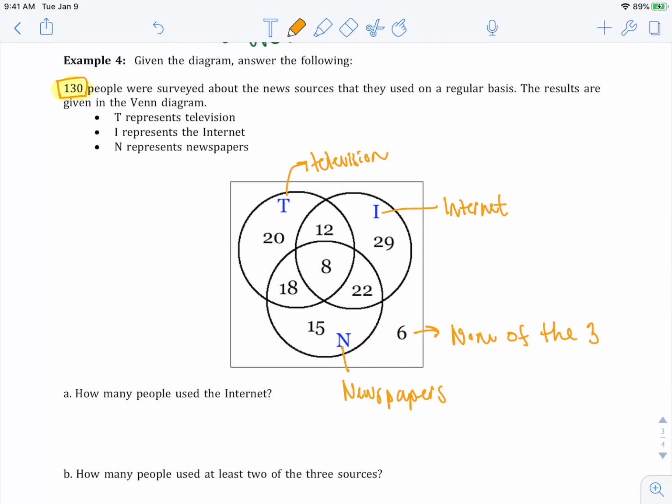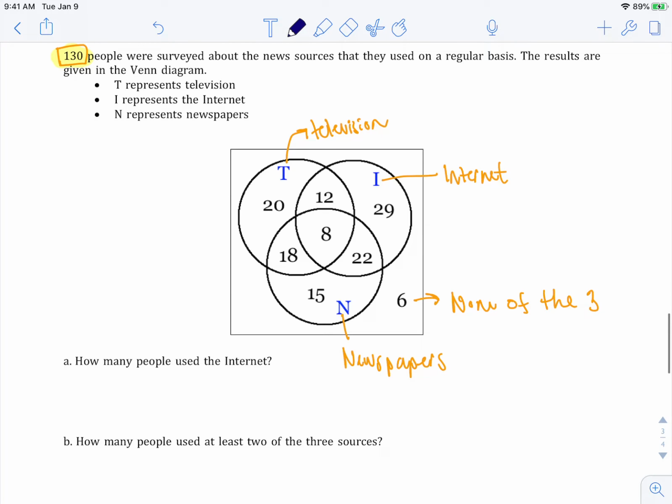So now I'm going to ask, how many people use the internet actually? Well, if I'm looking at this Venn diagram, it looks like 29 people use it solely. 12 people use it as well as television. 8 people use it as well as television and newspapers.